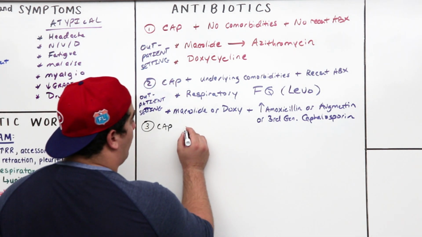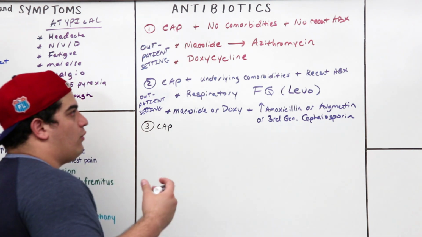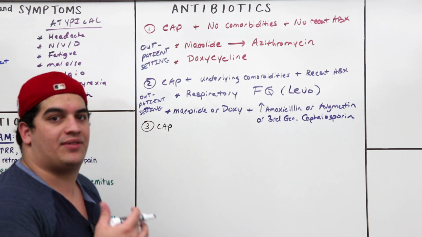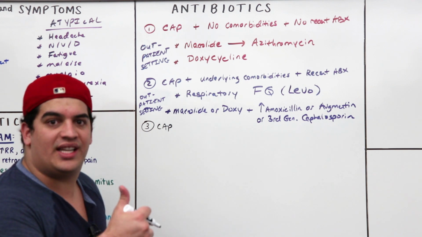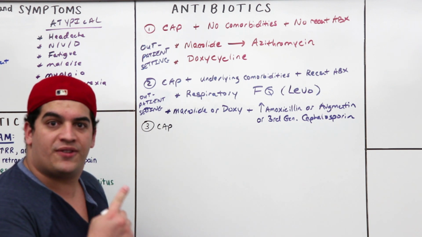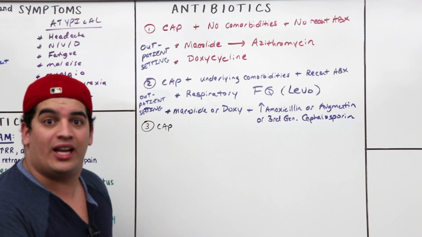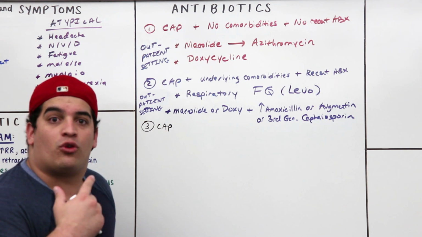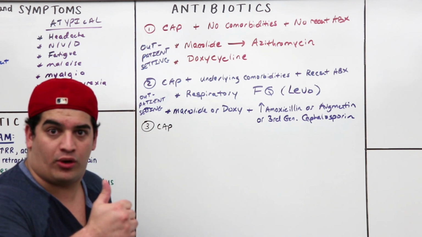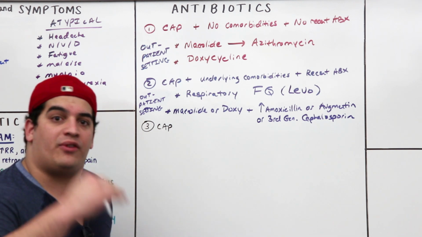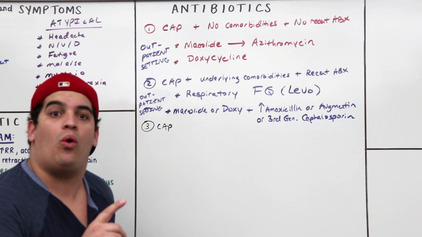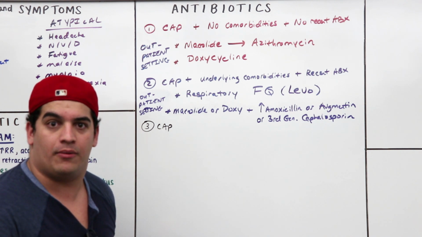So if you have community-acquired pneumonia, they go based off what's called a CURB 65 score. So CURB 65 means C is for confusion, U is for uremia, which is high levels of urea within the blood. R is for respiratory rate, if you have an increased respiratory rate. And B for blood pressure, if you have a low diastolic blood pressure, or if you're greater than 65 years old.